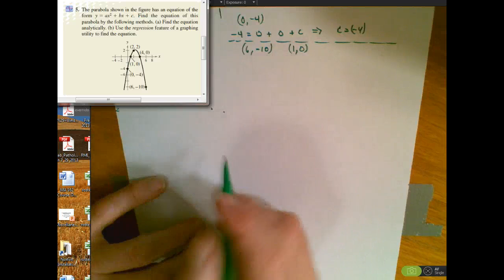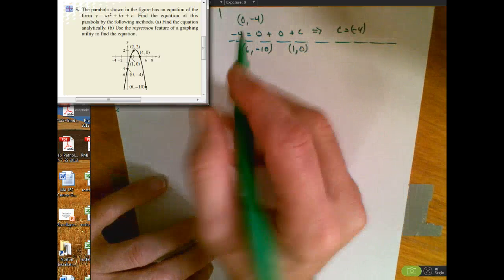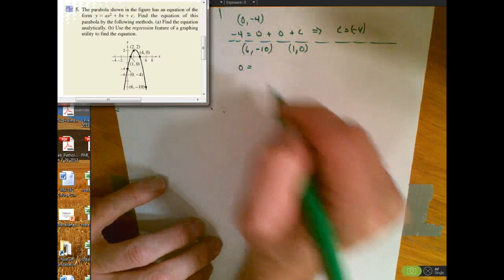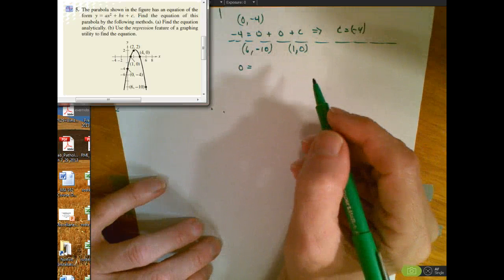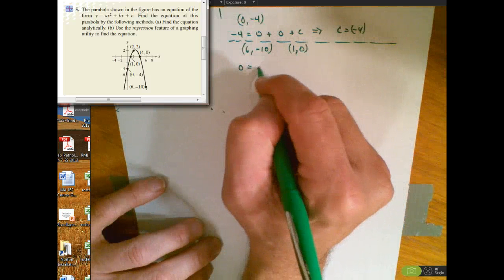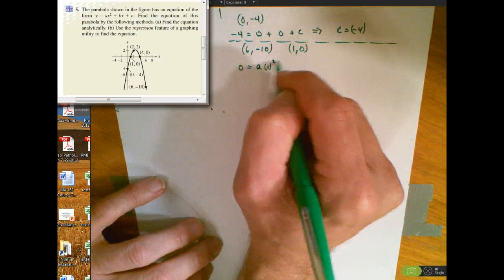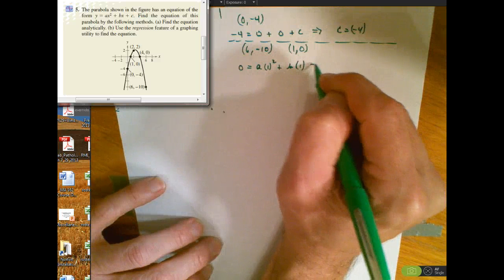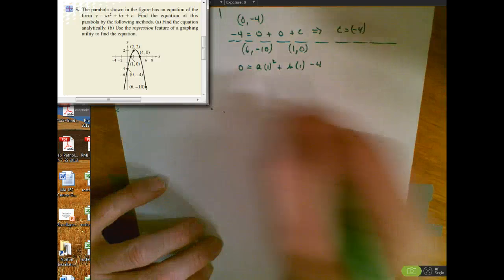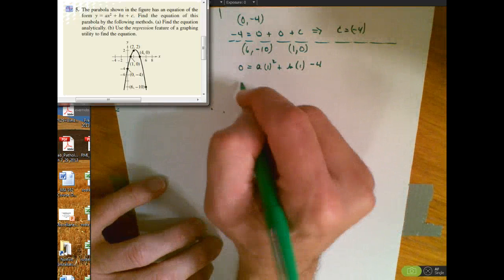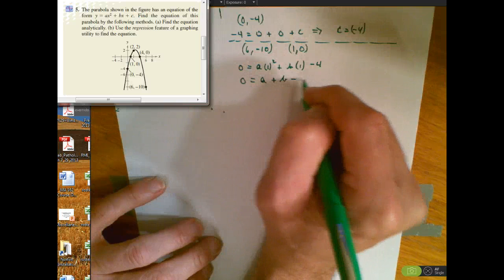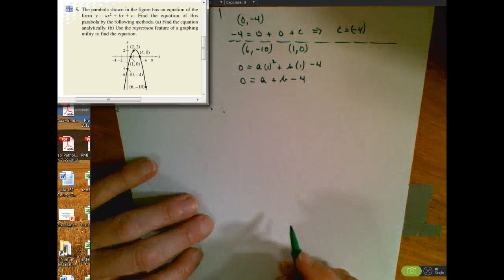Since (1, 0) is a nice easy point to work with, I'll build that equation first. Since the output is 0, y equals 0, then we have a times 1 squared plus b times 1, and we know c is already -4. Let's simplify that a little and write it as a + b - 4.